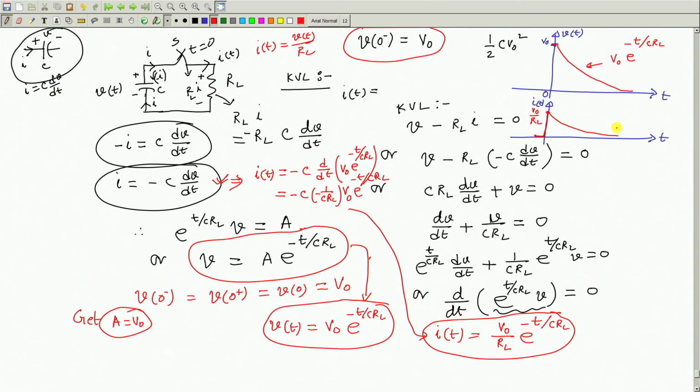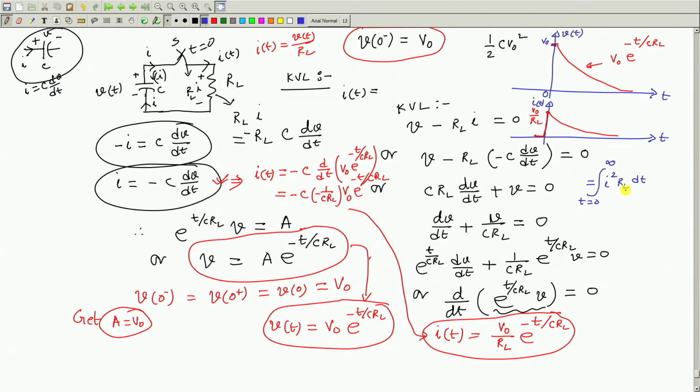And for obvious reason, can you tell me what will be the value of this integration, that is, integral of i squared R L dt from t equals 0 to infinity? Suppose somebody integrates it. First of all, what does this physically mean?